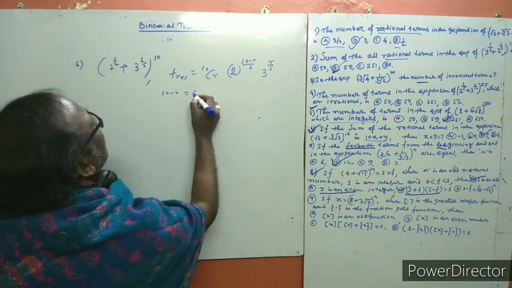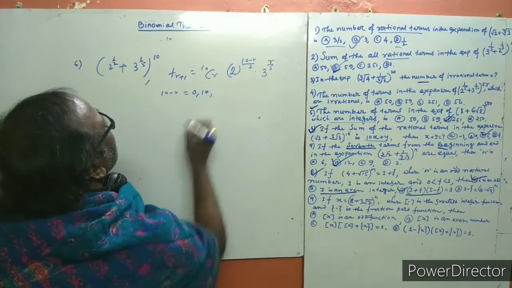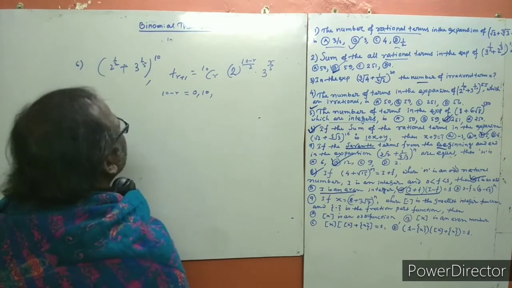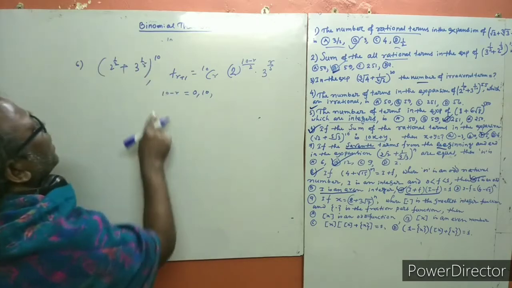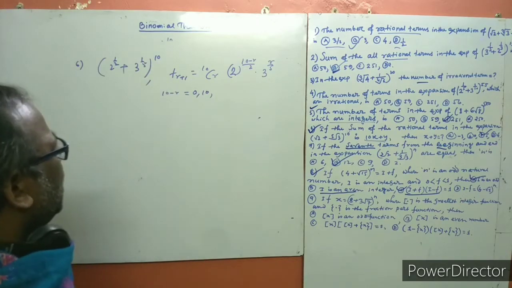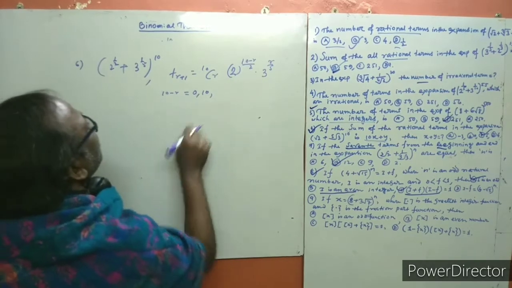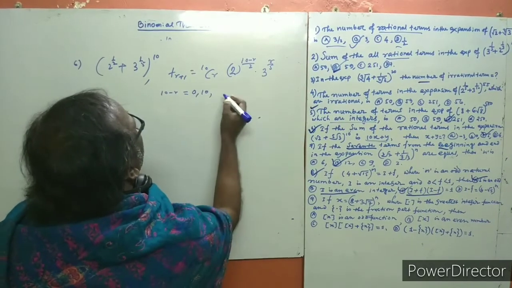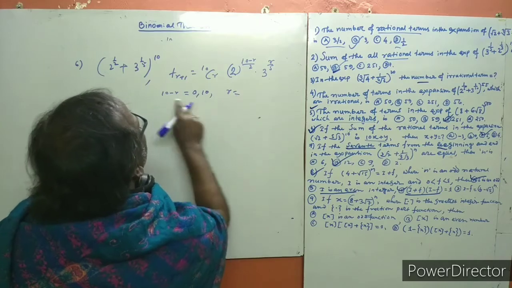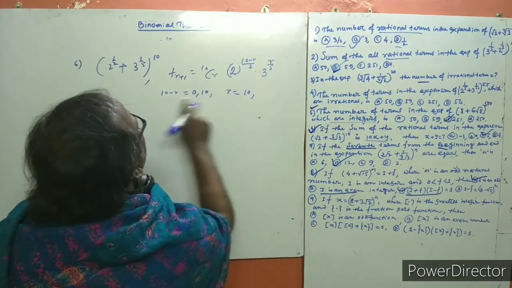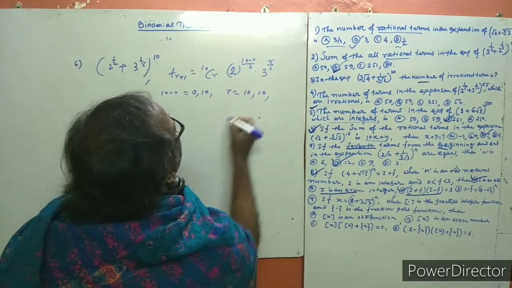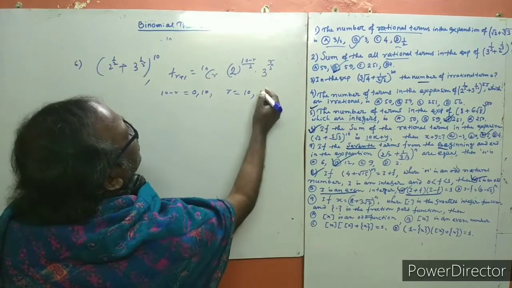So we can take R as 0 to 10, but since the power is 10, we cannot take a value more than 10 here. So two cases are possible: if R is 0, then 10 minus R is 10, and if R is 10, then 10 minus R is 0.